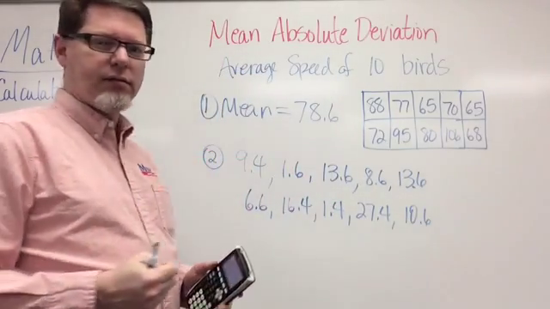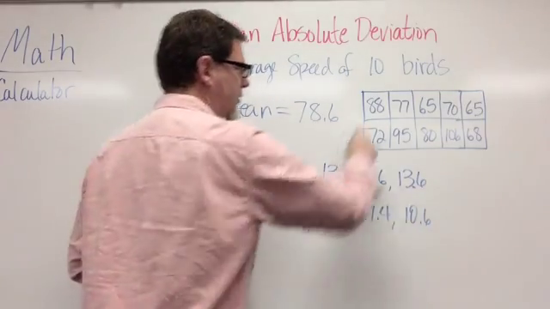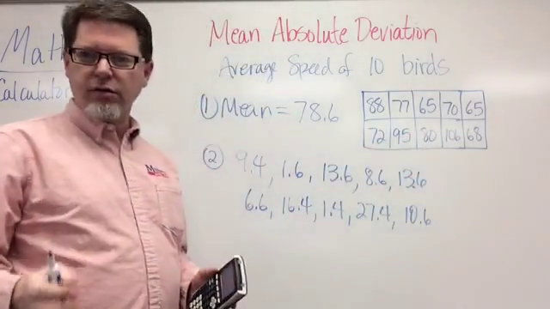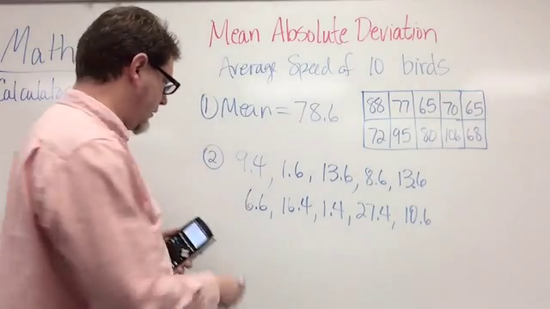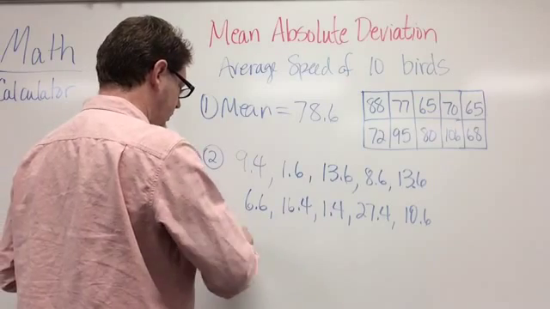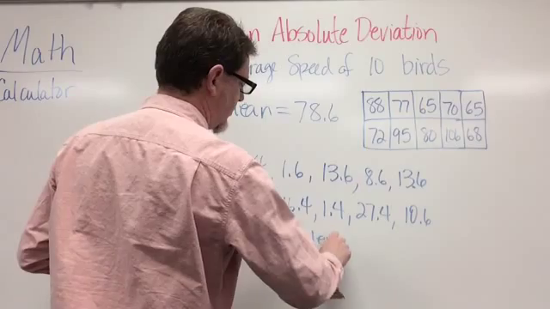So here are my 10 deviations, okay? 78.6 was all of these numbers away from the original numbers. Now I'm going to find the mean of this set of data. Step 3, mean of deviations.